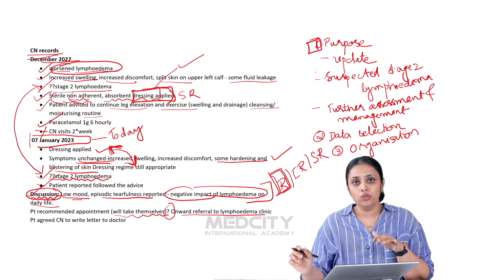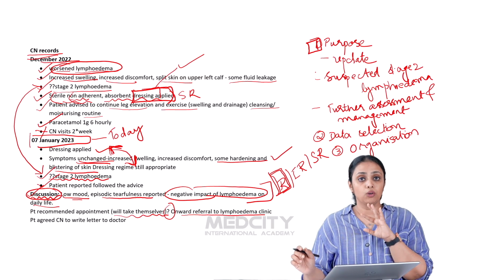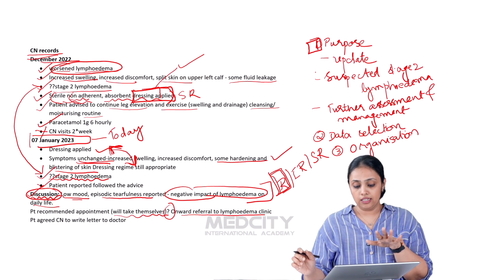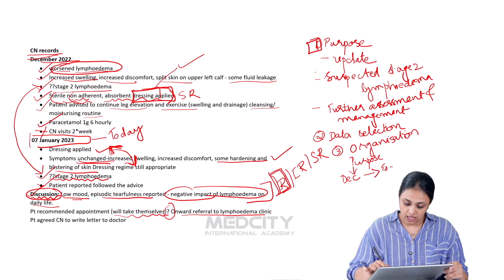Now, this being a known case, we don't have any such confusion because we are very sure that medical history and social background details are not to be included in the letter. So, definitely, how will the structure be after the purpose? We would be writing the details of December. Then we'll be writing the details of today.